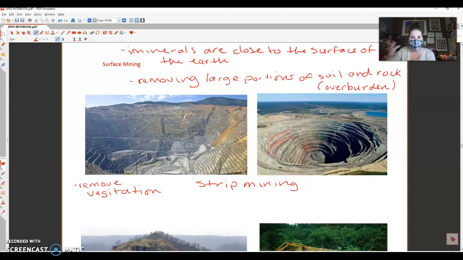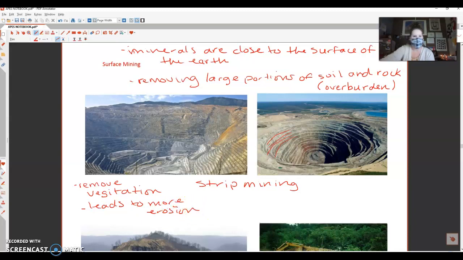If you remove vegetation, what are you actually causing to the soil? You're going to cause increased erosion because those roots keep that soil in place, and that's obviously not here. So anytime water is going to be added to this location, it rains, it's going to cause massive amounts of erosion. All right, so it leads to more erosion.